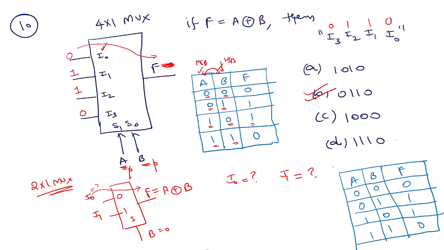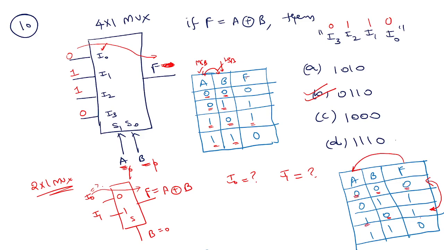Now check where B equal to 0 in the truth table. When B equal to 0, look at the output. It is 0 and 1. This is not constant. It is not 0 in both the cases or 1 in both the cases. So this F is a function of A. Means if A is 0, F is 0.